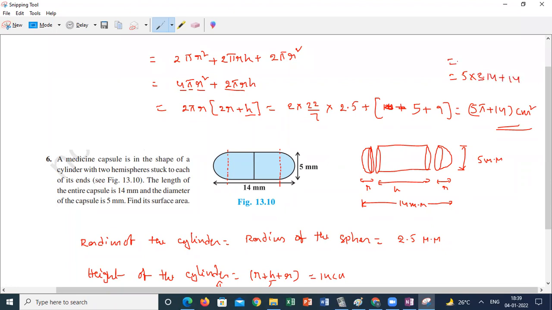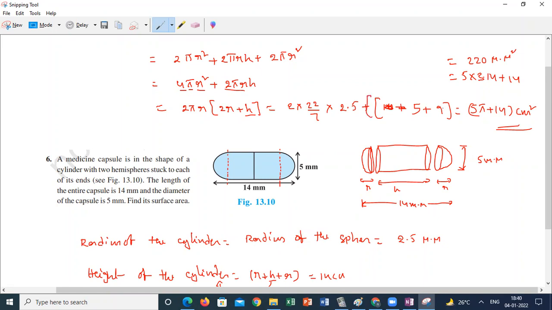What final answer are you getting? Sir, 220, sir. Sorry? 220, sir. Yeah, 220 mm square. But my answer is not coming 220. Where did we make the mistake?